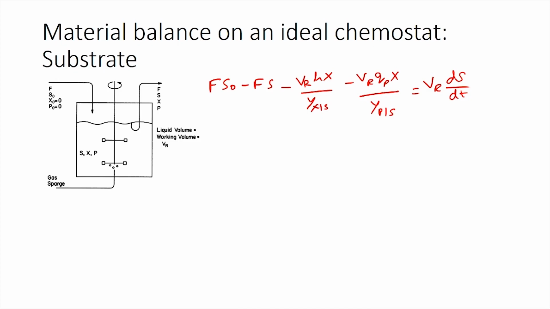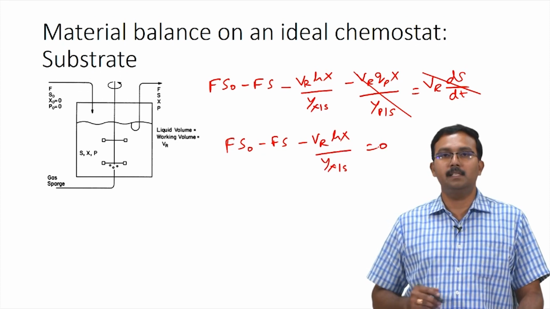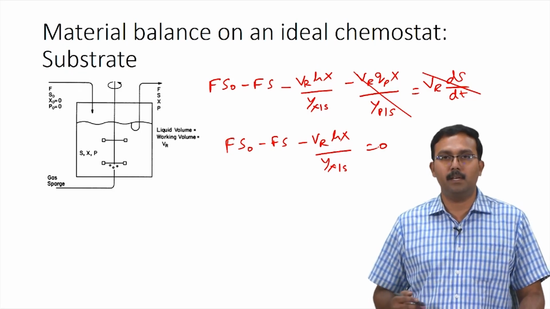Now at steady state this term goes to 0, and your product formation, if it is 0, that would also go to 0, and your equation can be simplified to Fs naught minus Fs minus Vr mu x divided by Yxs equals 0. So this is a balance equation for a substrate.